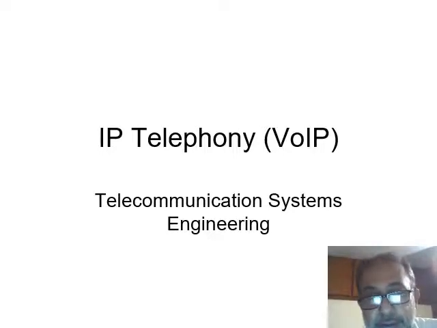Similarly, as we have seen the signaling systems, and signaling system number 7 in particular, in our earlier discussions, we'll see how signaling is done in voice over IP. As you know, establishment of a call, monitoring it, and then tearing it down is also required in a voice over IP network.